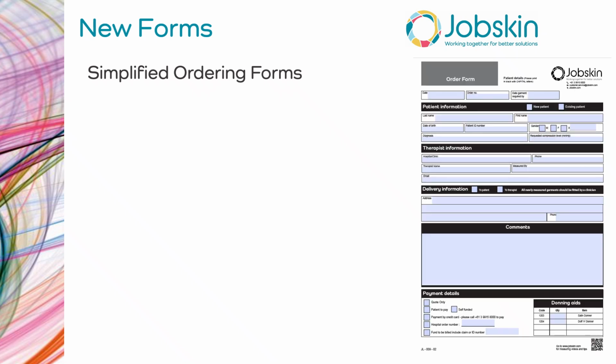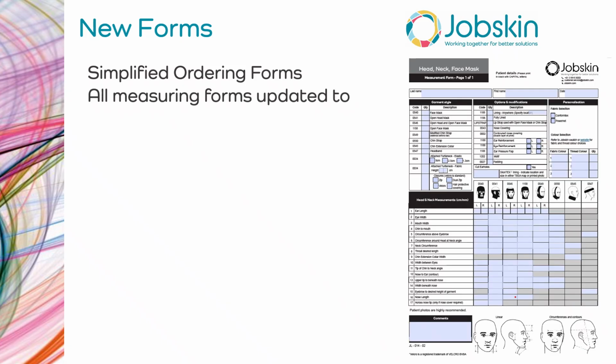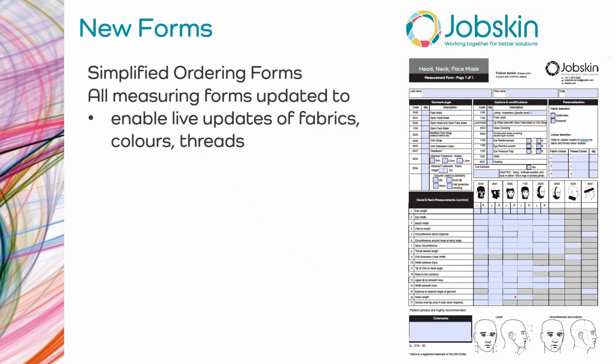And I mentioned the Omphalos form, but we do want to highlight that we have got new forms. We've simplified the ordering forms. We've taken out the detail that you don't need, that we don't need, so you don't have to be chasing that information. We've also updated all of the measuring forms. It's been a massive project, and there's a couple of further tweaks that we're making.